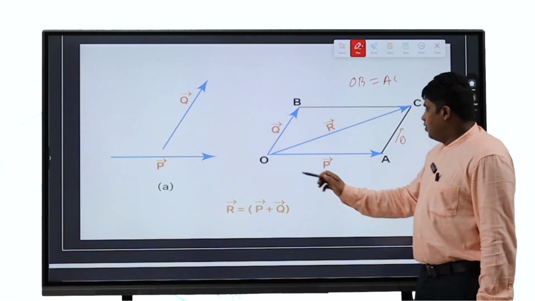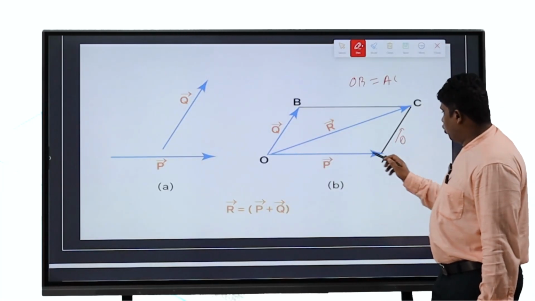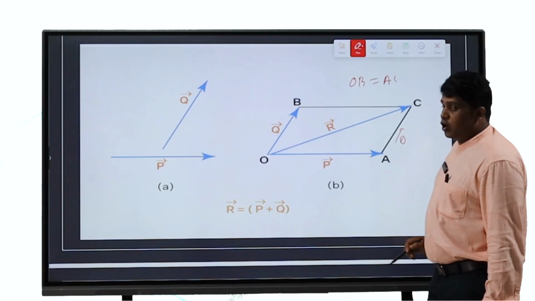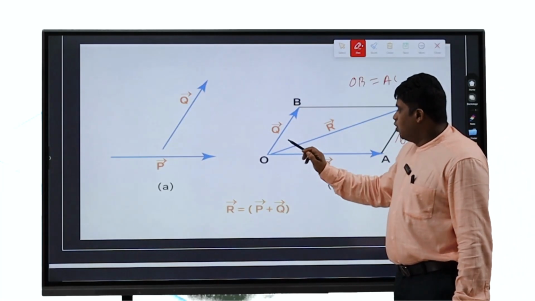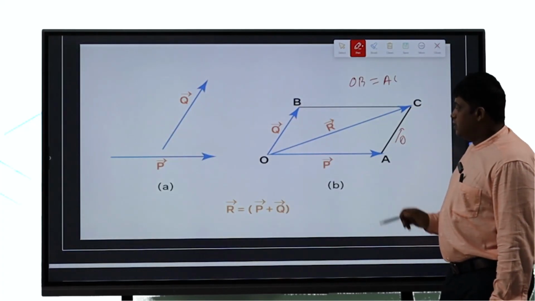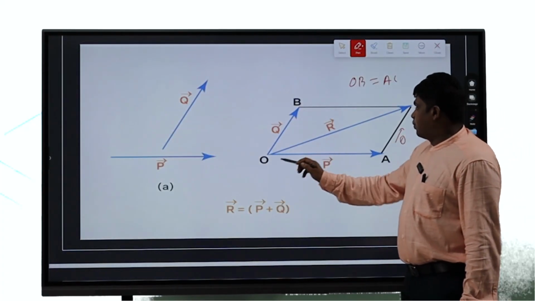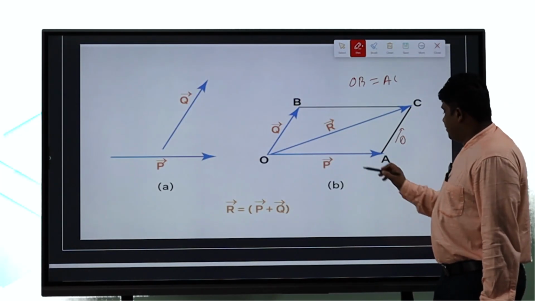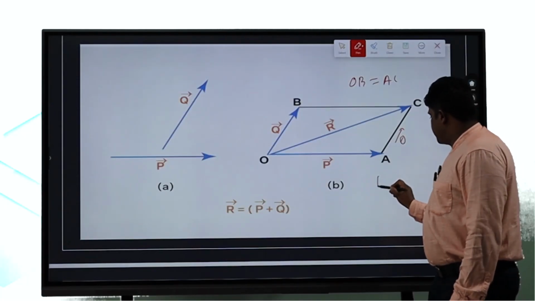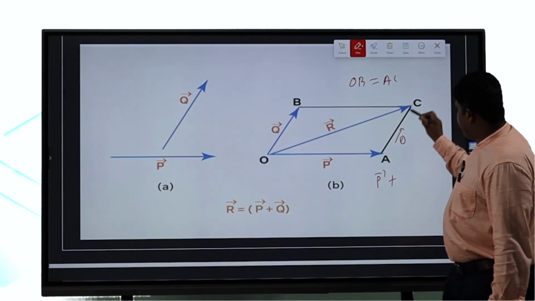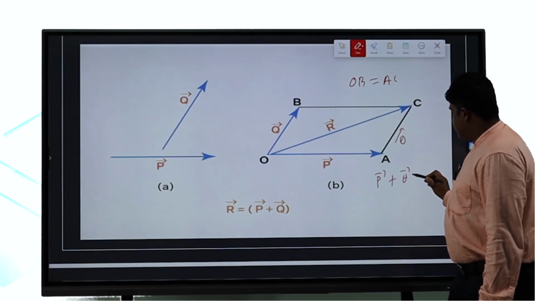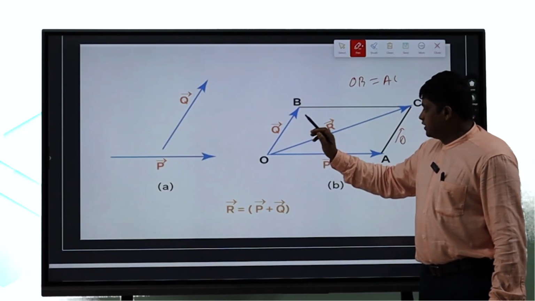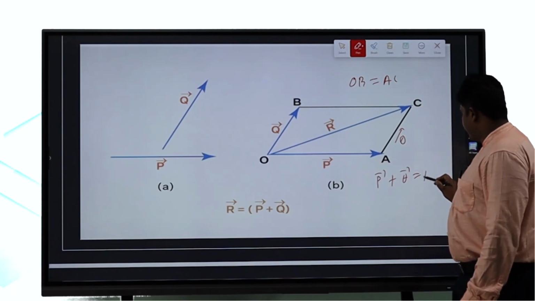Then a person moves from O to A, then A to C. The total actual displacement is from O to C, which is represented by the vector R. Then we can write OA, that is P vector, plus AC, that is Q vector, is equal to R vector.